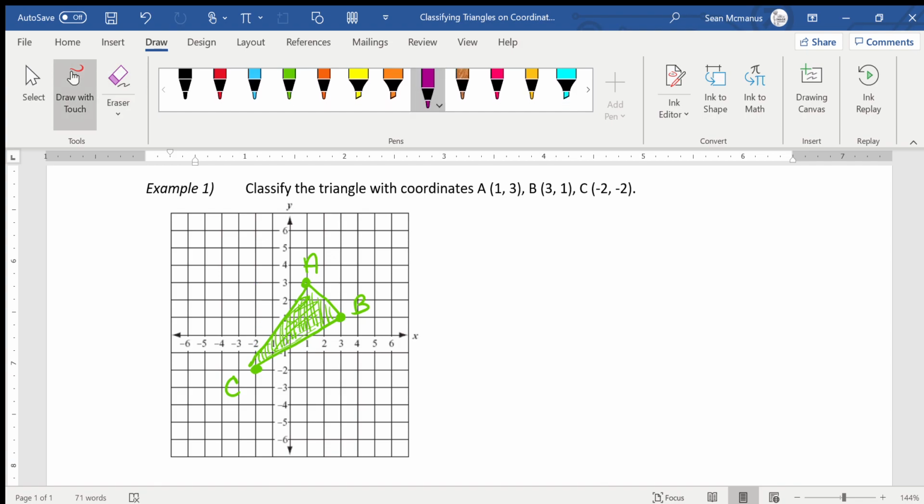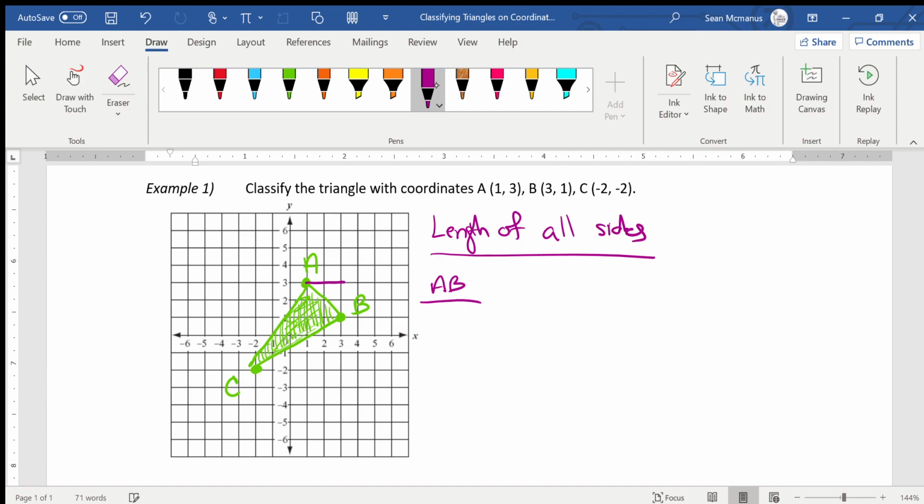So we're going to find the length of all sides. So AB, right? Let's find the length of side AB. I'm going to make a triangle here and use the Pythagorean theorem.